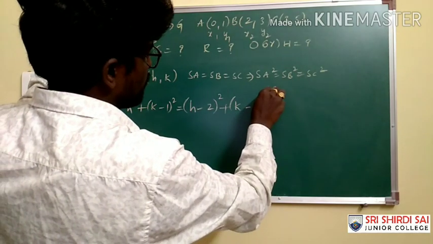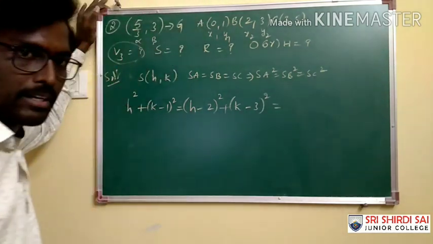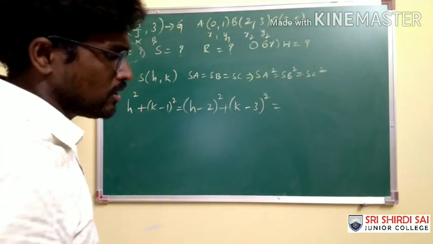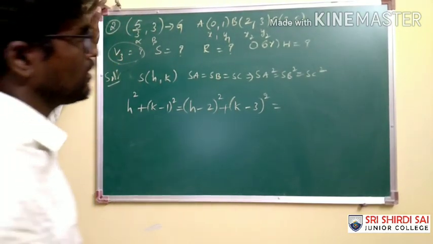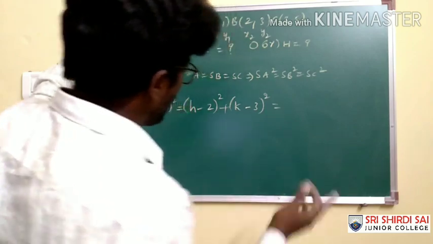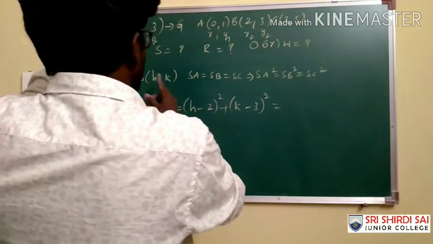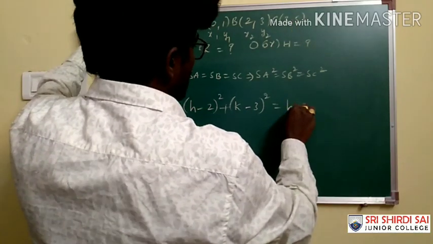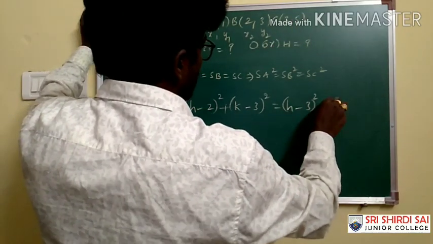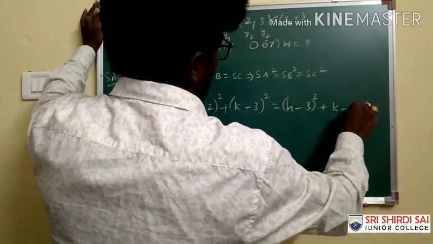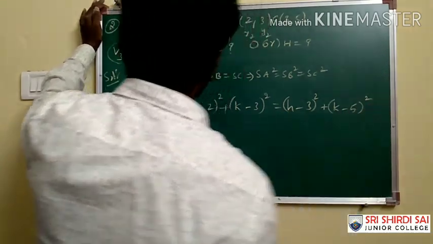We should be very careful while dealing with this coordinate geometry. Naturally we commit mistakes in case of positive sign and negative sign. And coming to SC square, the distance between S and C, that is h minus 3 whole square plus k minus 5 whole square.